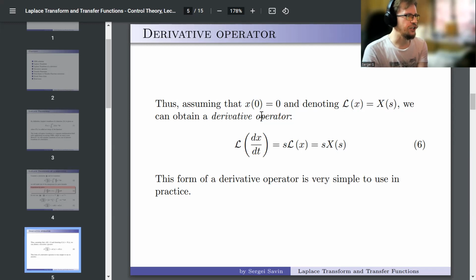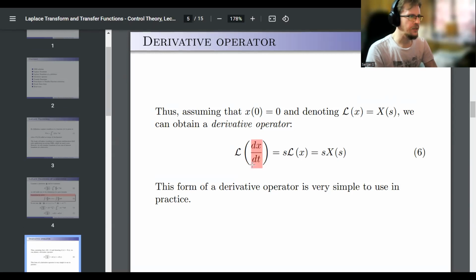Then we can obtain a differential operator. What is this differential operator? It says that the Laplace transform of a derivative is s times the Laplace transform of x. So the derivative part becomes s.